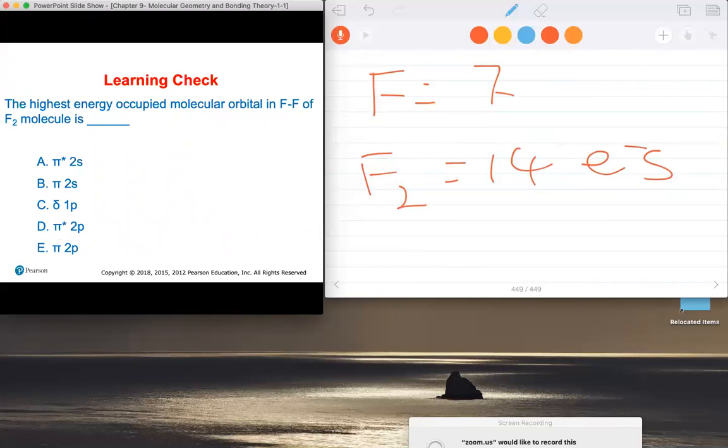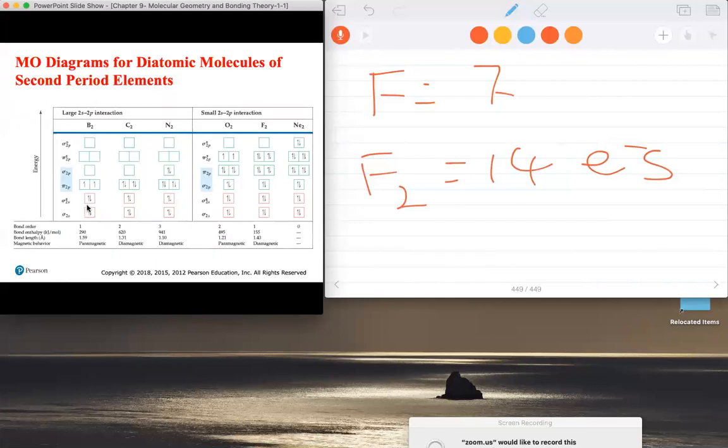So if it is in a quiz or exam, somebody will say, how will I know which one is which here? They all look alike, like this looks like this, and like that. And so what is the difference between these? It comes down to understanding the order in which, and I believe there is a typo here. This should be 1S. Let me check on my text real quick.